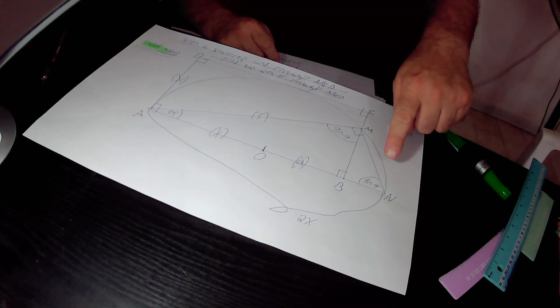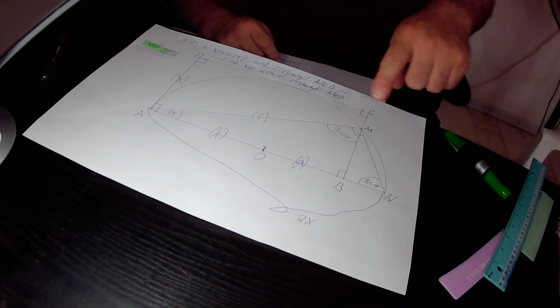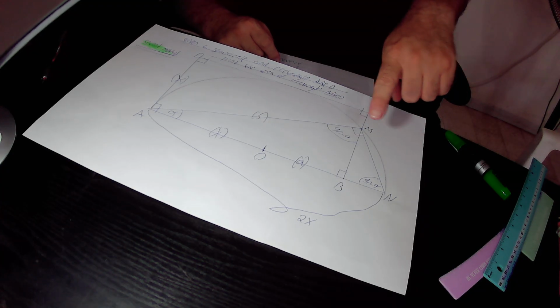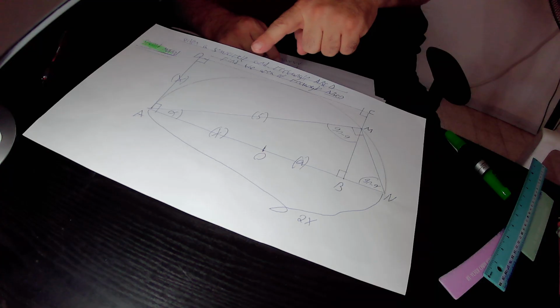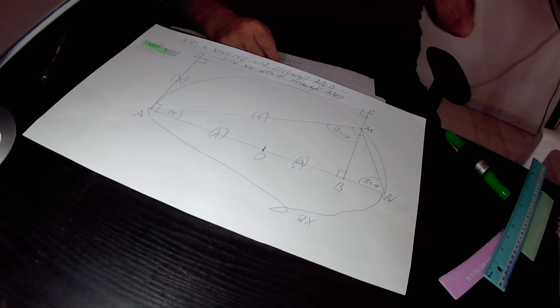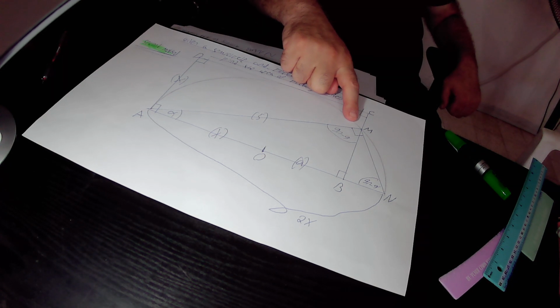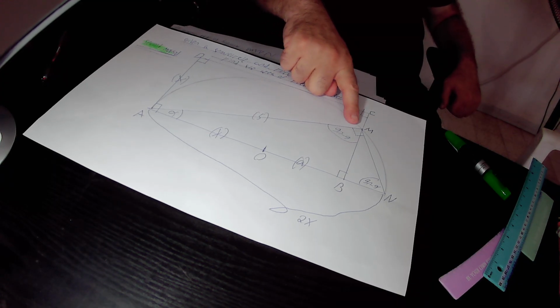Because this is peripheral angle NMA, which is subtended on NA, the diameter of the semicircle, and we have the rule that any peripheral angle subtended on the diameter of a circle must be equal to 90 degrees, therefore this angle NMA, subtended on the diameter AN of the semicircle, must be equal to 90 degrees in its size.